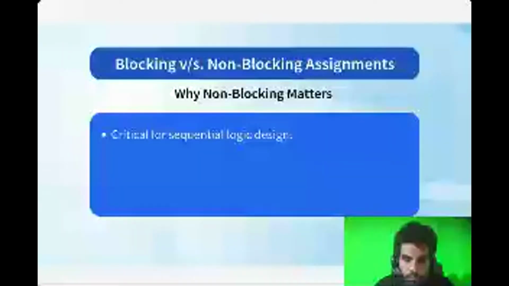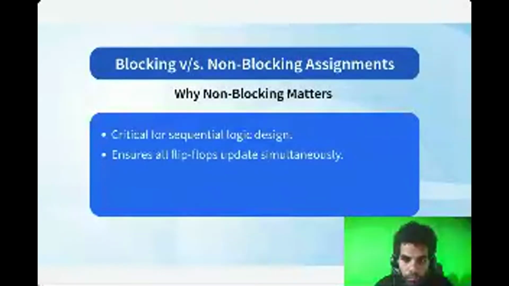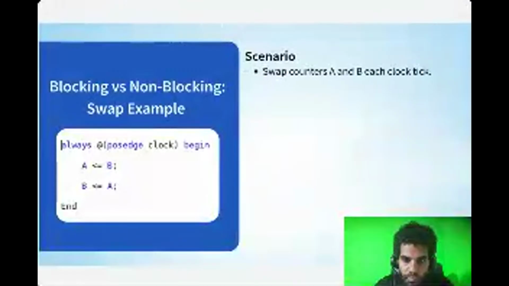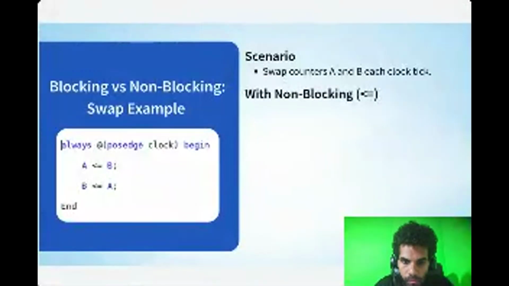Non-blocking assignments make sure every flip-flop updates at the same time, so you don't accidentally overwrite values or create weird feedback loops. Let's look at a practical example to see why this matters. Imagine you have two counters, A and B, and every clock tick you want to swap their values. With non-blocking assignments, it works perfectly.